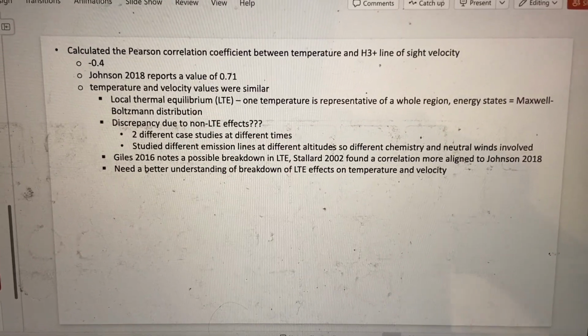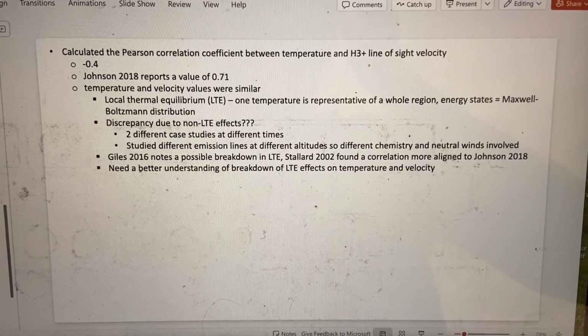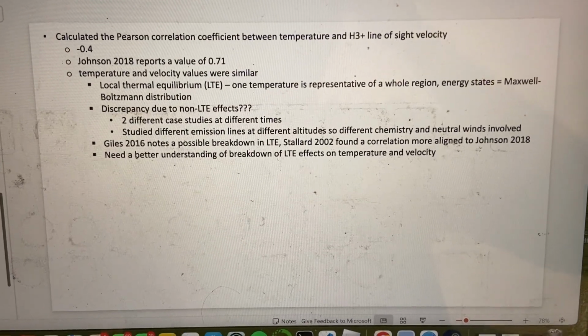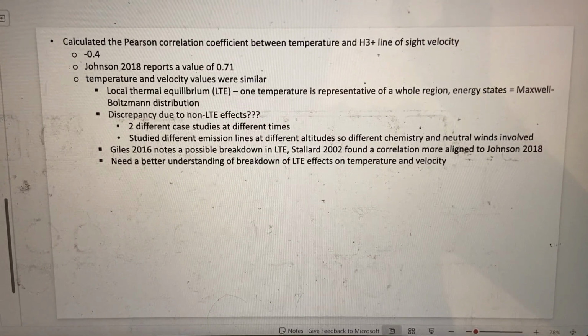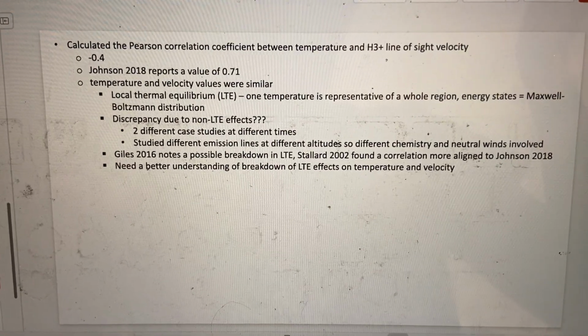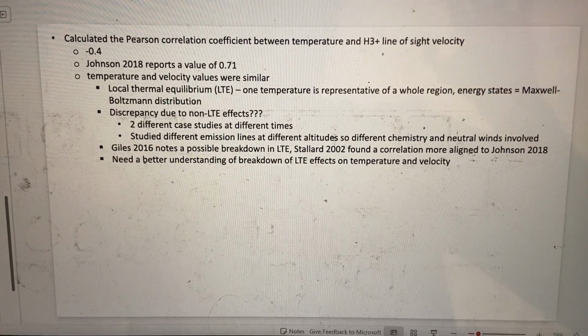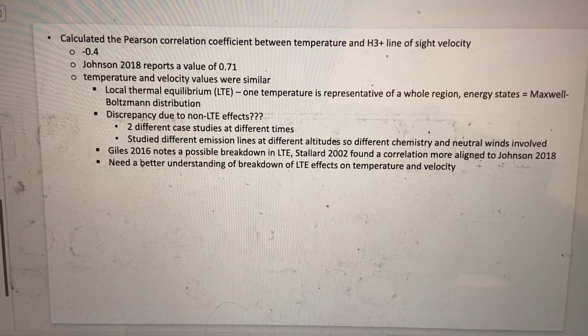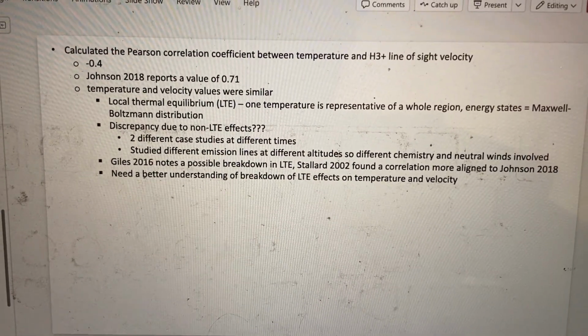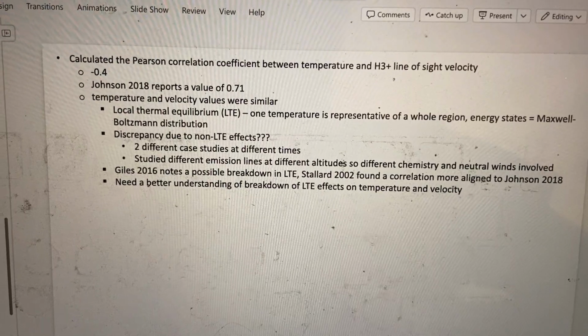But they also say that there's evidence that this correlation can be positive sometimes. And then they also looked at H3+ and line of sight velocities, which they got a negative value, negative 0.4. They highlight that there was another paper that got a value of 0.71. So this can be attributed to two separate things. Basically, one, there's a breakdown in LTE, or local thermal equilibrium.